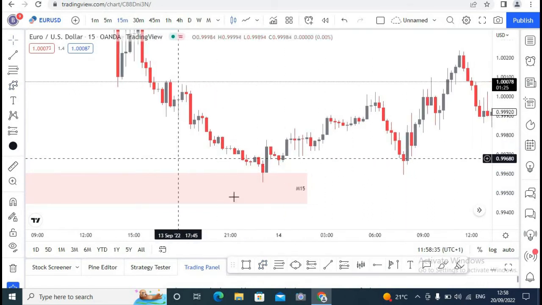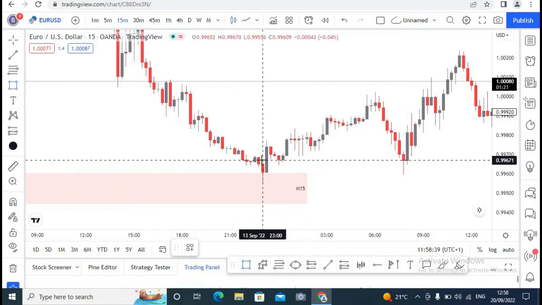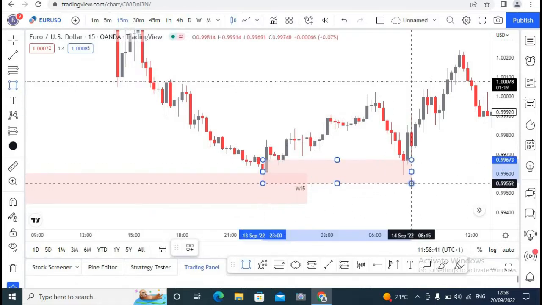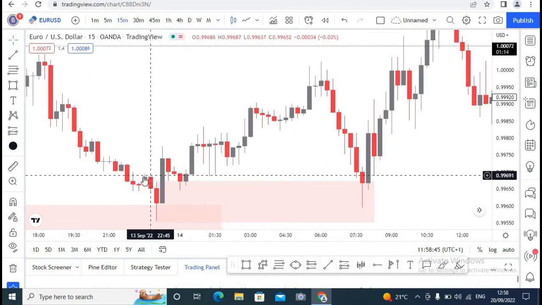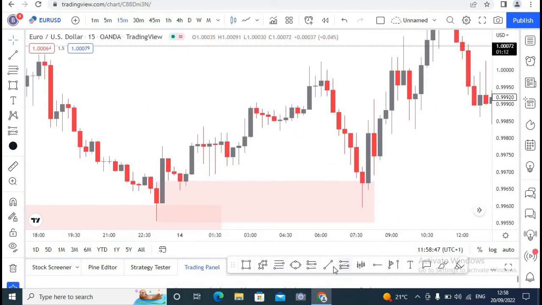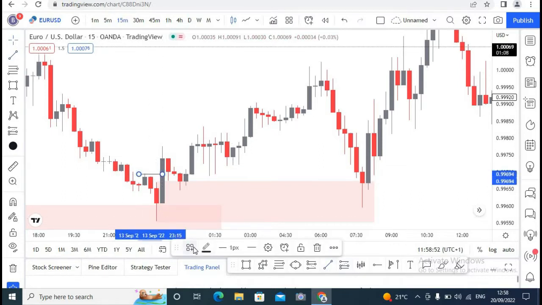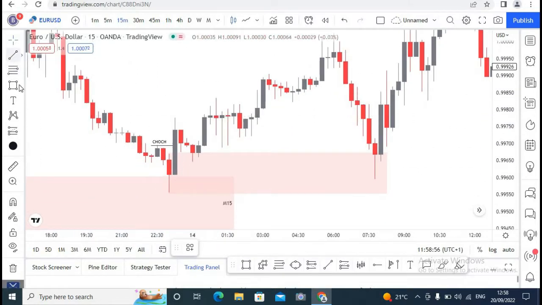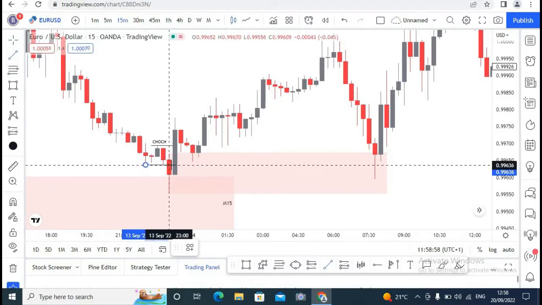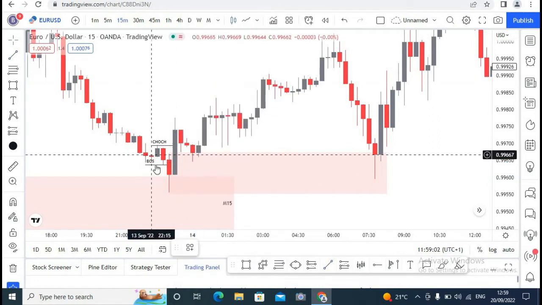So the next thing which you have to do, you have to highlight the bearish or the bullish engulfing candlestick, right? As you can see, this was our last opposite candlestick, meaning this is the high. That's where we can find our change of character. And at the bottom we have what we call a break of structure, something like this, guys.